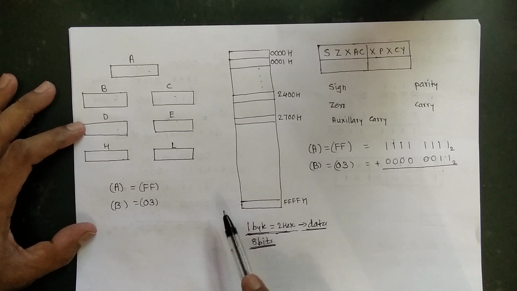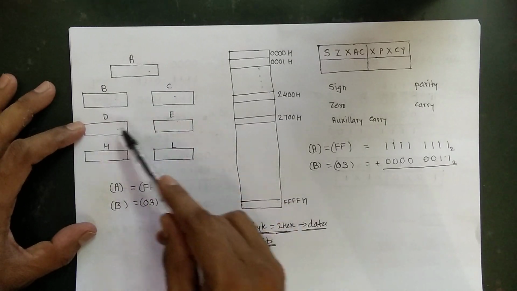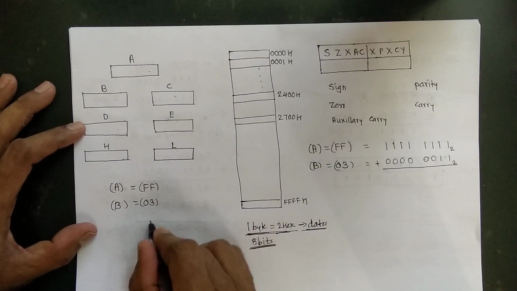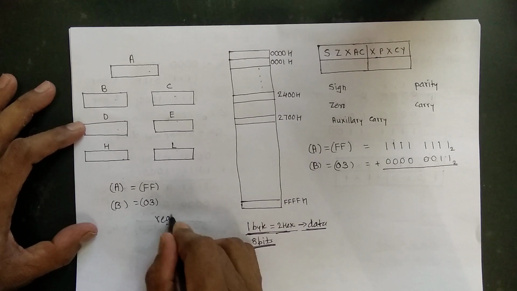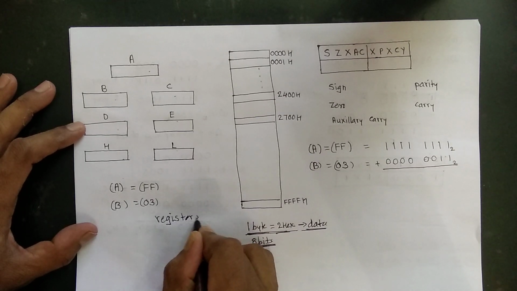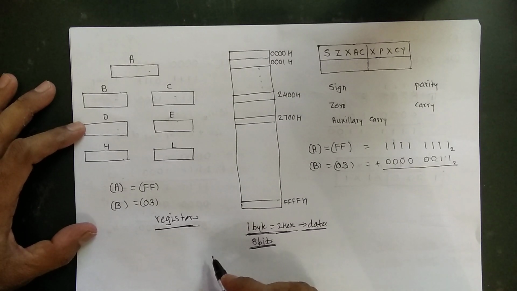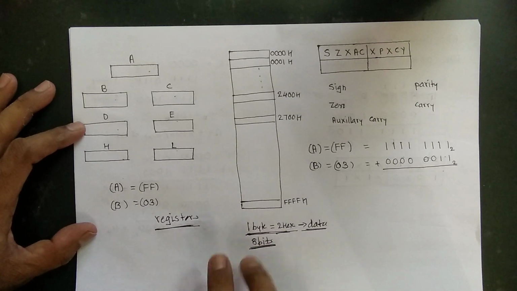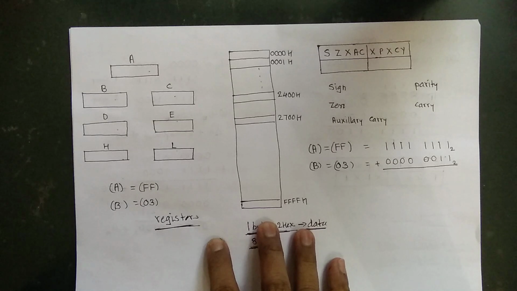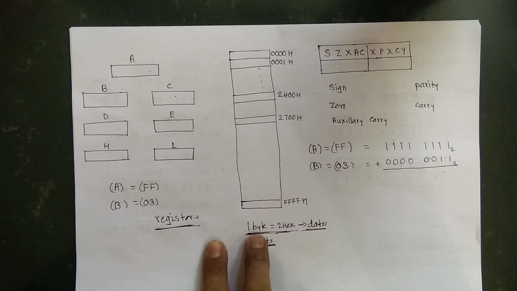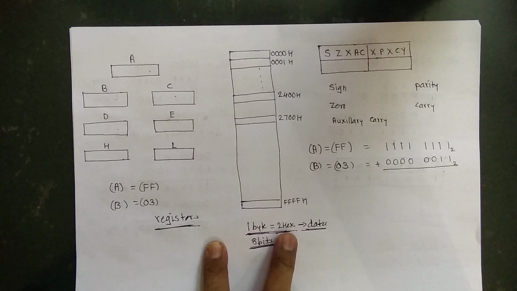These boxes are called registers. Here in 8085 we have 7 general purpose registers. Each register can store one byte number, that is 2 hexadecimal digits, or an 8-bit number.